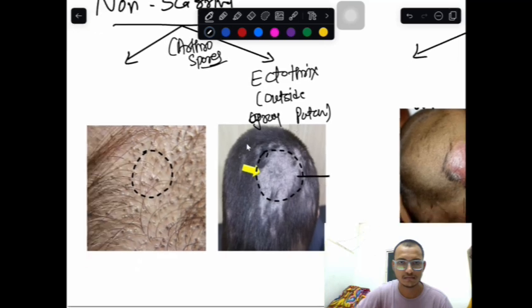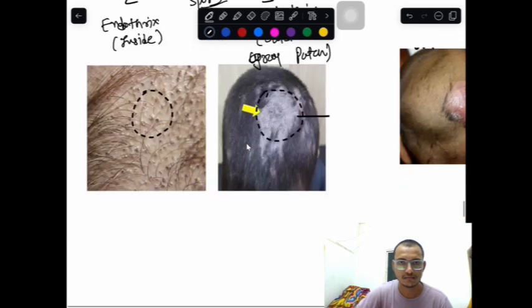Or this one is endothrix, or inside. These are the broken hairs.